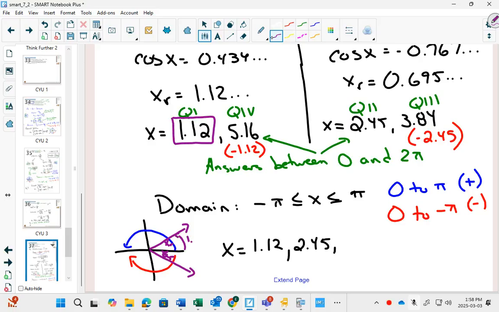Does it make sense that if this one was 1.12, then in the negative direction, this is negative 1.12? Does that make sense? And in orange, in quadrant 2, if this was 2.45, and we want to find one with the same reference angle in the negative direction, can you see that this is going to be negative 2.45? It's exactly, because if this is my reference angle here and reference angle there, that's 2.45, this will be negative 2.45.